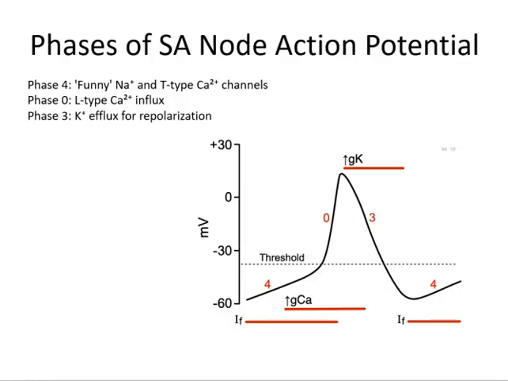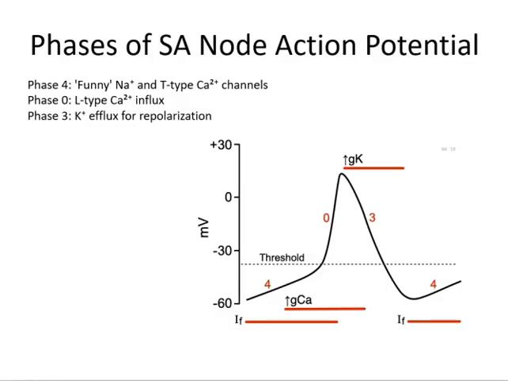We have these things called funny sodium channels that slowly bring the voltage up to threshold, and the T-type calcium channels are also helping. When threshold is reached, phase 0 begins, and L-type calcium channels open. This is when calcium enters the cell, and the action potential occurs.